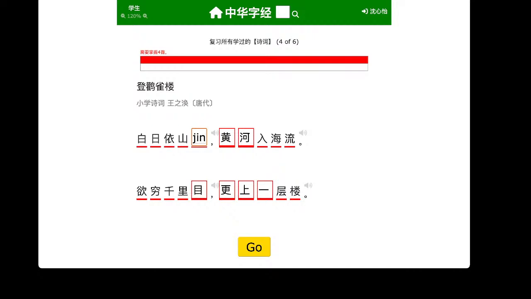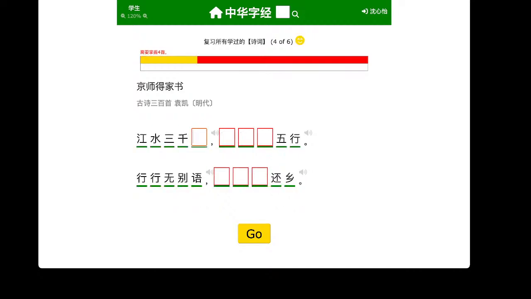Do I know this one either? Did I learn this one? No. 江水三千里。Okay, this is 三千里 again.